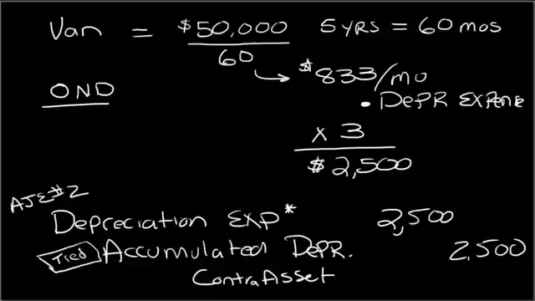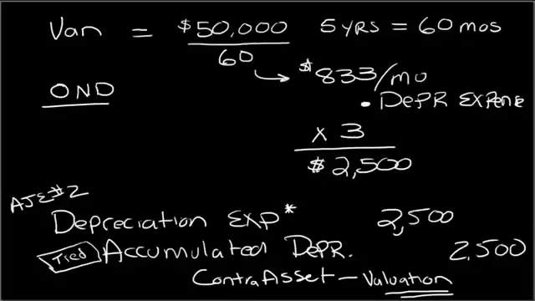It is a contra asset. It's not a liability. It's not something that's going to have a future. It's generally what we also refer to as a valuation account, because what it is doing is adjusting the value of the asset to reflect not the original purchase price, but the current value on the books.